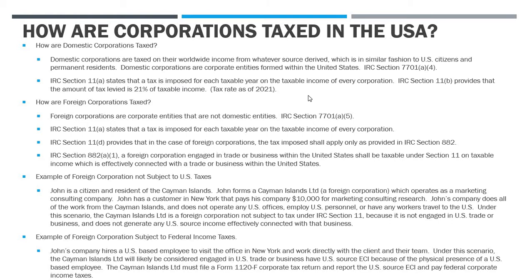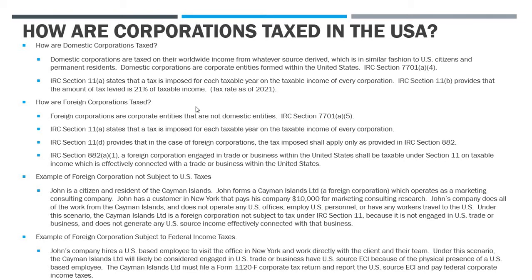That corporate entity is going to file a tax return every year, report all of its income from whatever source derived, and it's going to pay taxes. So Section 11(a) states that a tax is imposed for each taxable year on the taxable income of the corporation, and 11(b) provides that the amount of tax levied is going to be 21% of taxable income, and that's what the code section says as of 2021. If you're watching this video later on and the rates have changed, well, you'll see the rate change in 11(b).